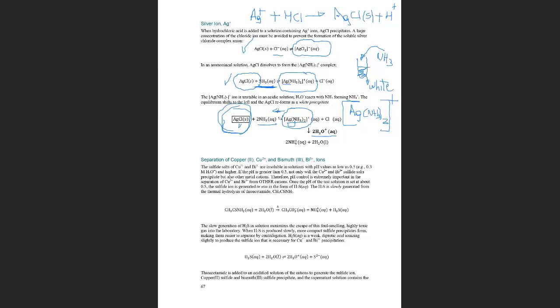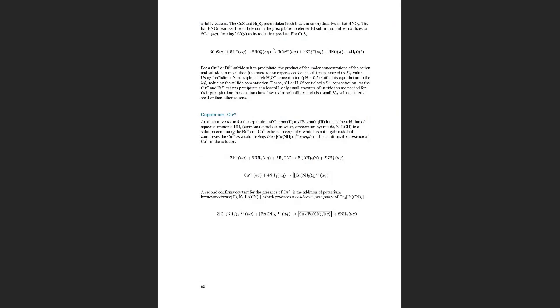And then we also are going to check these two, copper +2 and bismuth +3. The reactions that we are going to look at, let me see here, is this first reaction. We are not going to do it in the lab. So basically, we are going to test the copper and the bismuth adding ammonia, NH3.